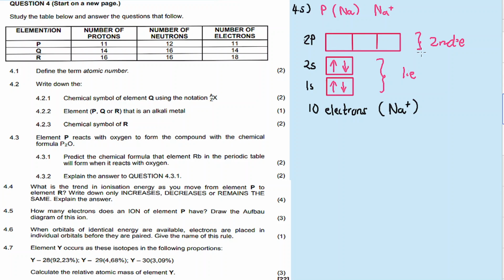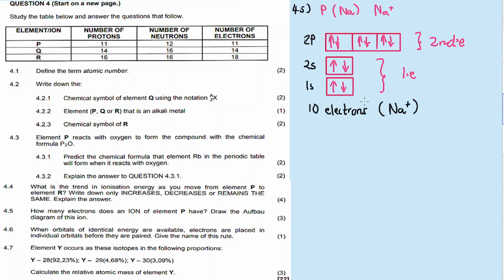So for the p orbital 2, it will be 1 1 1, 1 1, therefore it's 2 4 6 8 10, right?